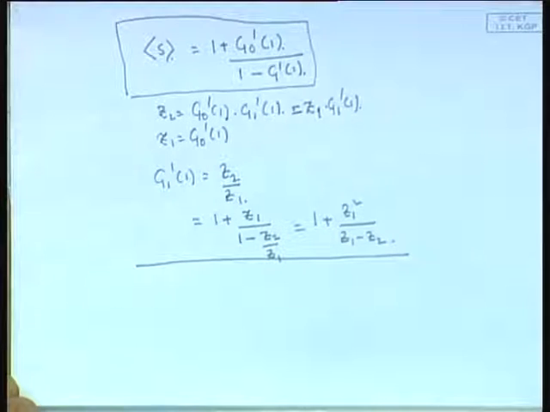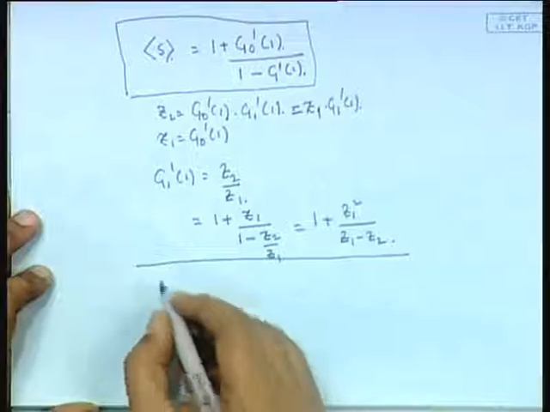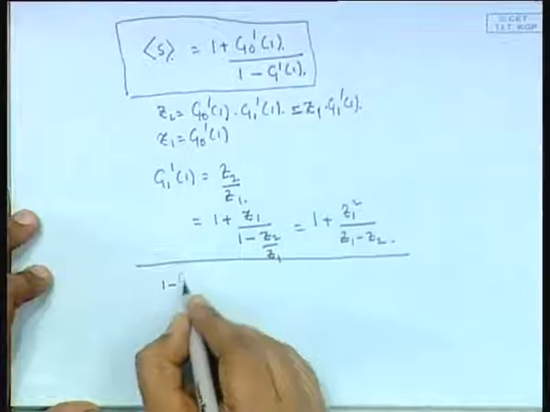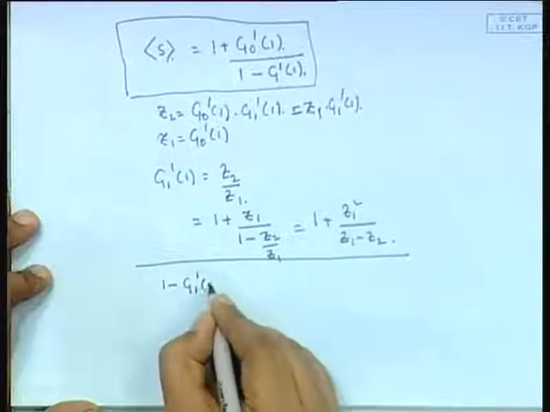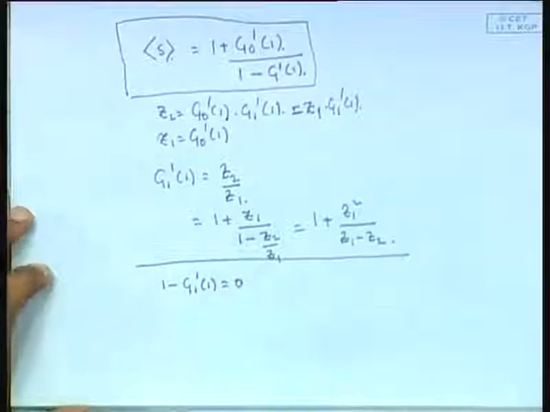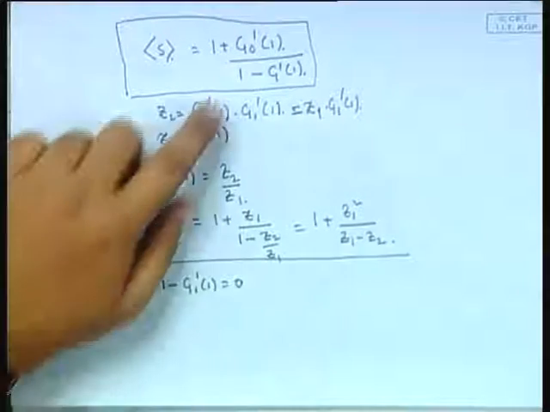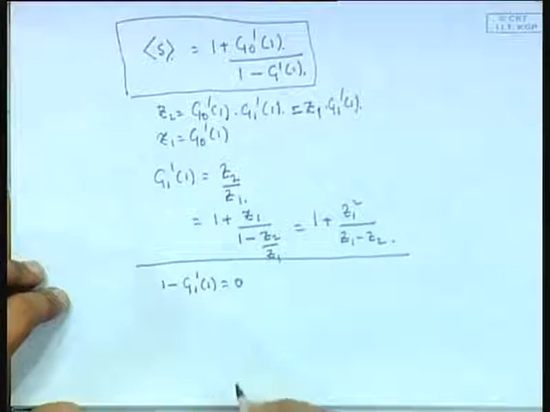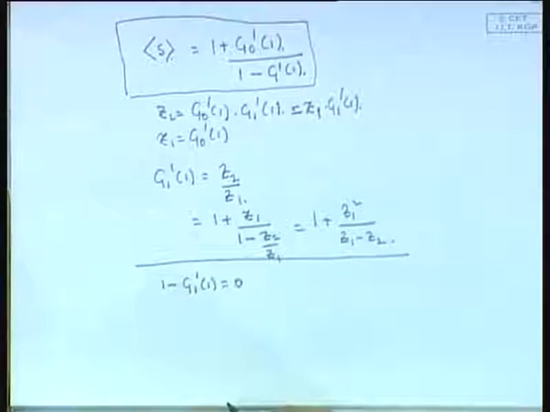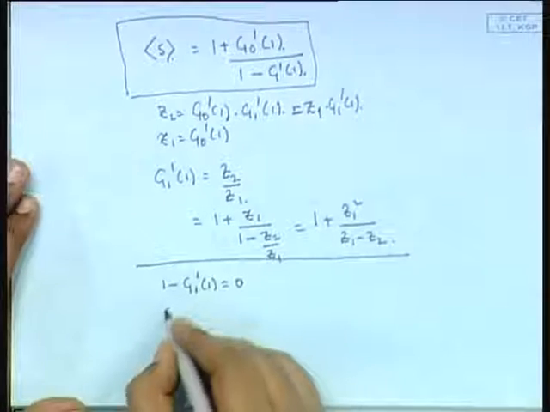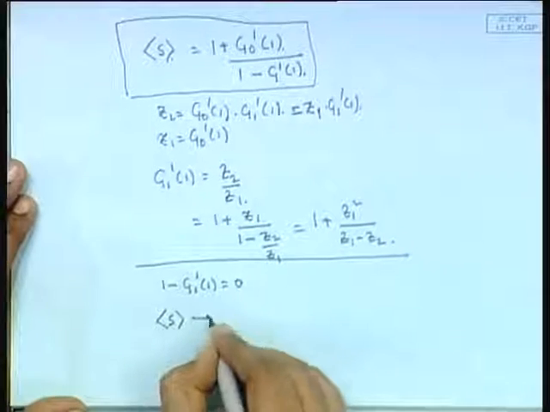G 1 dash 1 should be smaller than 1. Very good. So, the question is what will happen when G 1 dash 1 becomes equal to 0? If this becomes 0, then what is happening? Yeah, very good. So, then S will tend to infinity.